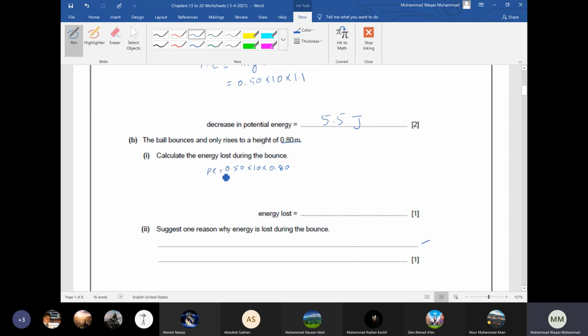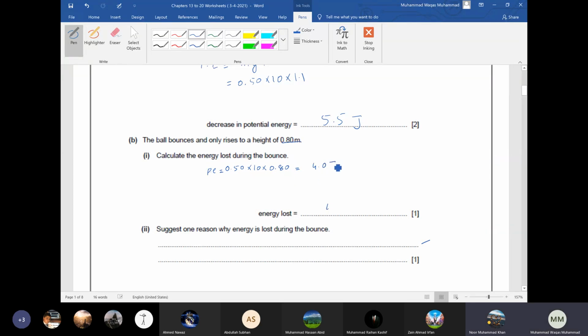Right or no? And beta, what is the answer? Sir, 4 joules.